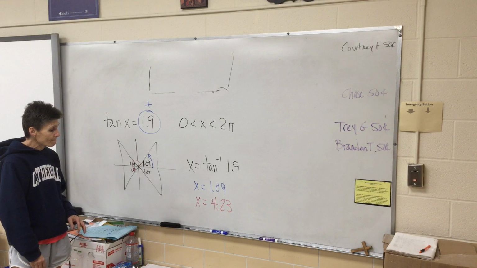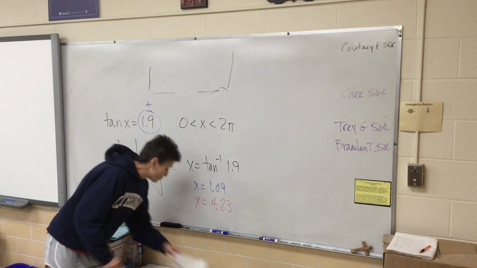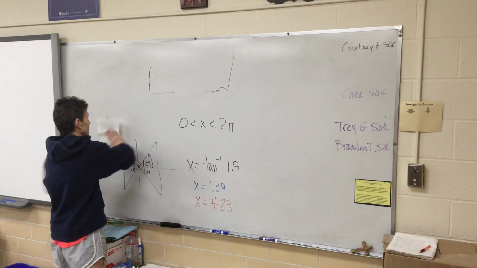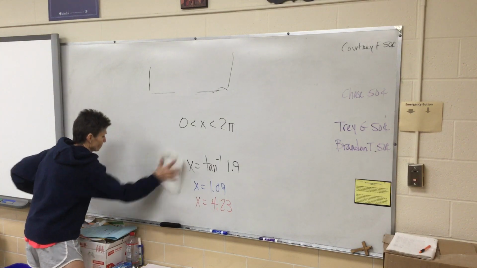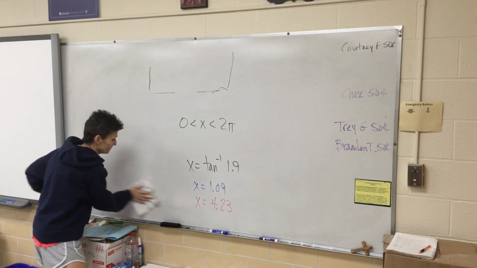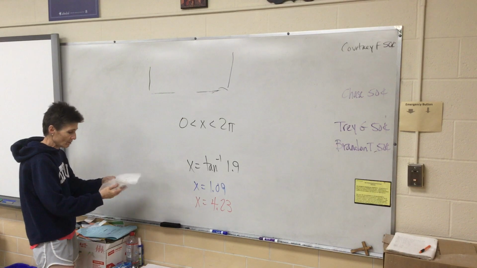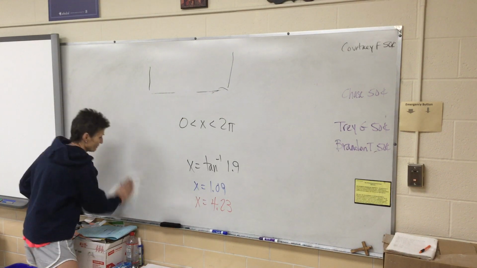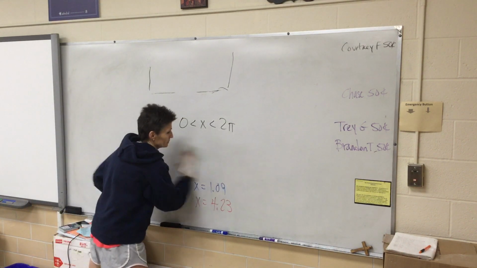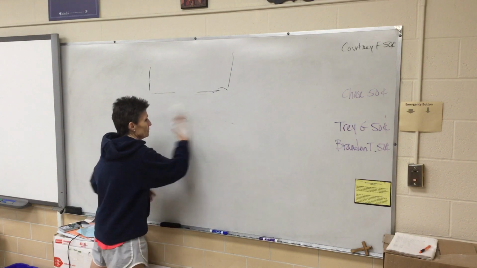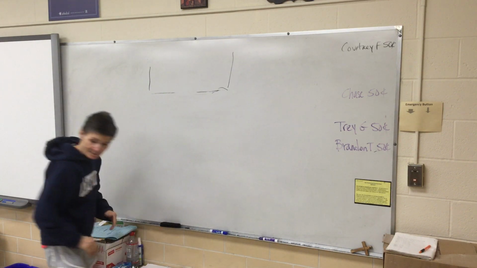Okay? All right, let's try another one. Oh, by the way, we couldn't be in quadrant 4 either. Tangent is not positive in quadrant 4, because y is negative down there.